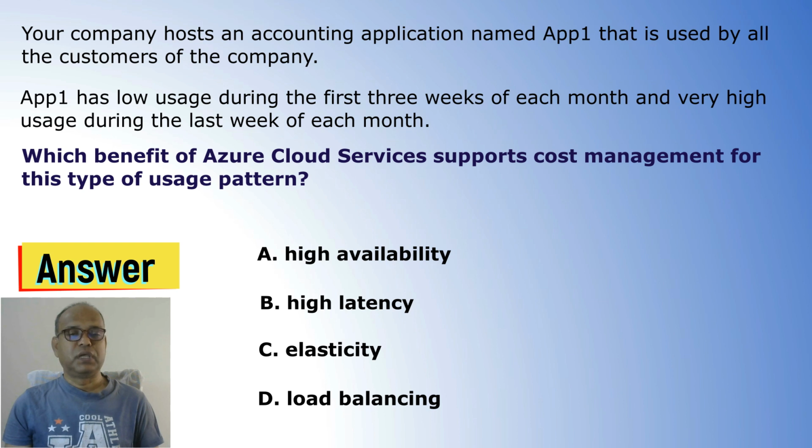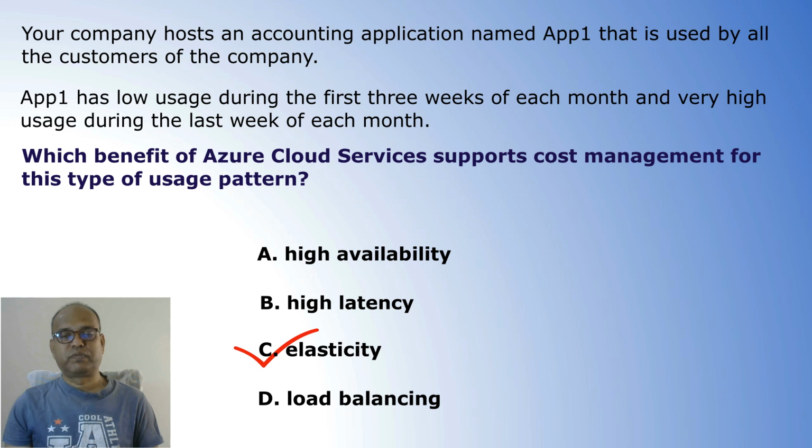For option D, load balancing is not appropriate here, so this is not the correct answer. But for option C, we know that elasticity is the ability to provide additional compute resources when needed and reduce the compute resources when not needed to reduce cost. Therefore, option C is the correct answer.